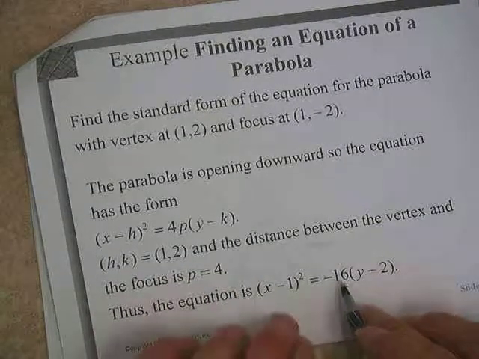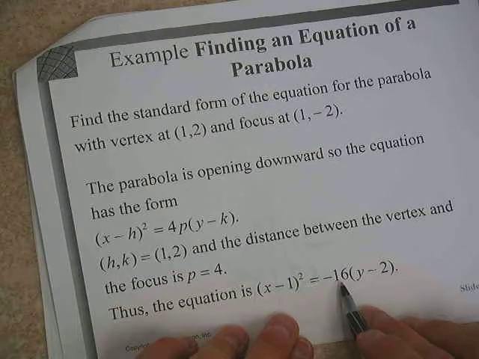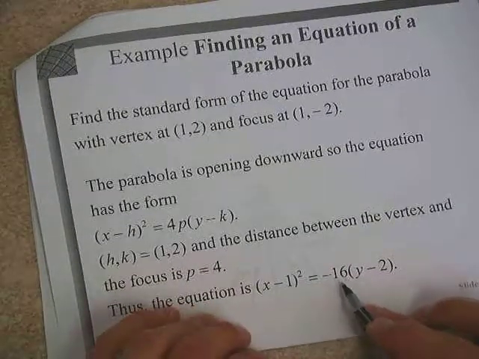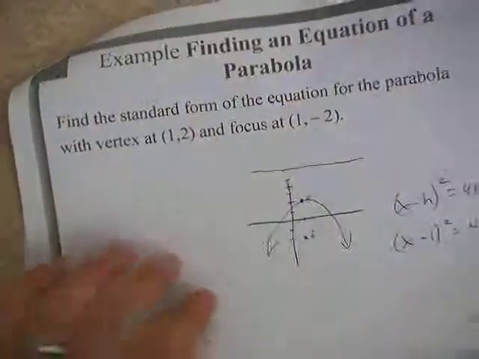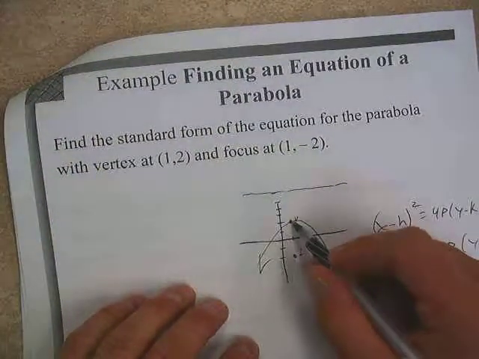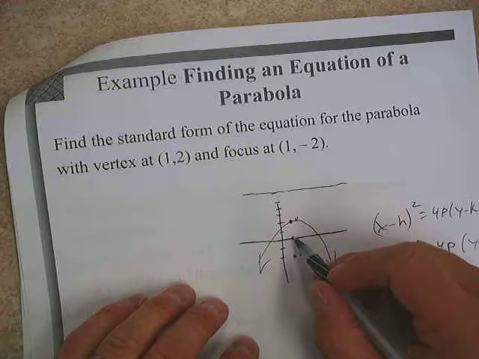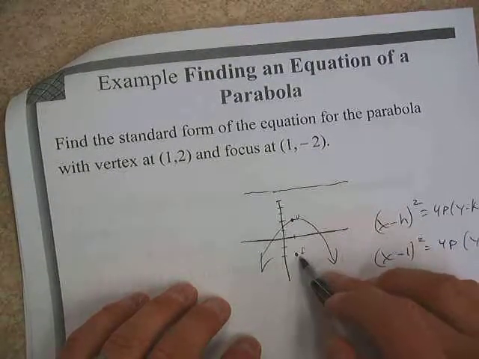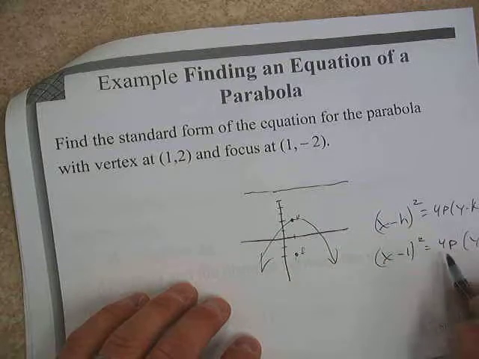So if we look at the next slide here, again, (h, k) is (1, 2), that's our vertex, and the distance between the vertex and the focus is 4, and so therefore we're going to put in 4. Keep in mind it's negative because it opens down, and remember 4 times 4 of course is 16, and so to finish it out we would figure out our p-value, plug it in, and we will get our final equation.